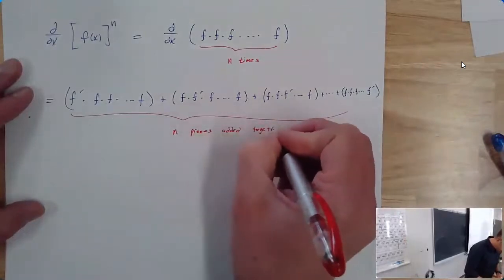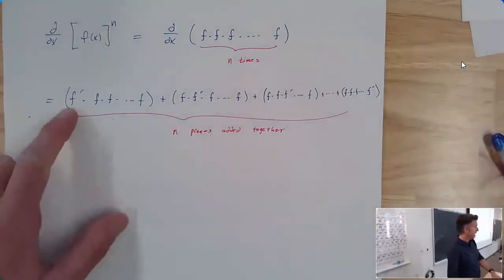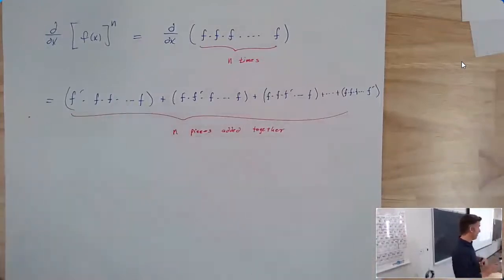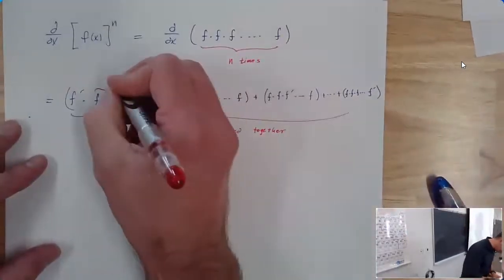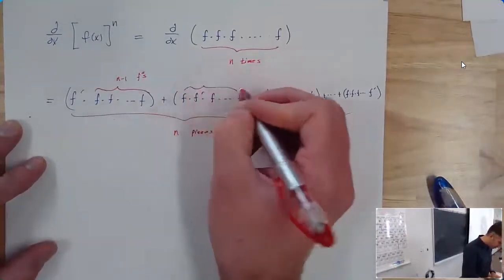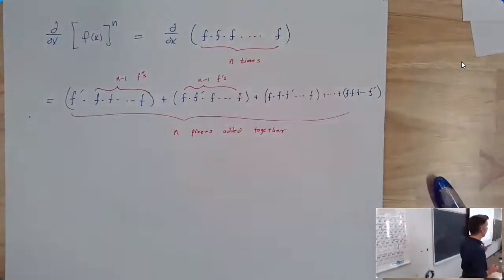But here's what we really want to see. Each piece that's being added together is the same. The first piece is f prime times f to the n minus 1 power, because you have f times f times f, n minus 1 times. There are n minus 1 f's here. And here, there are also n minus 1 f's, and so on. All of them have n minus 1 f's and 1 f prime.